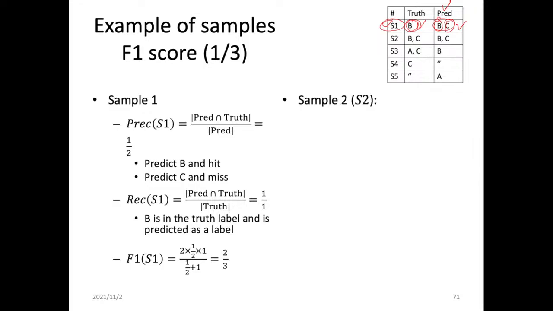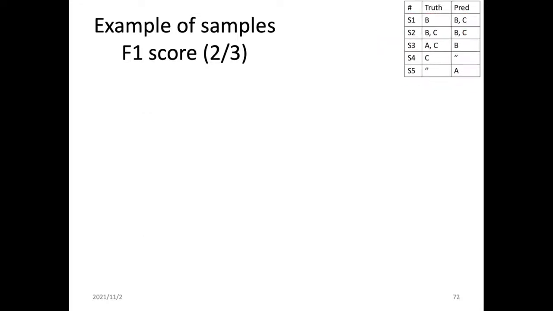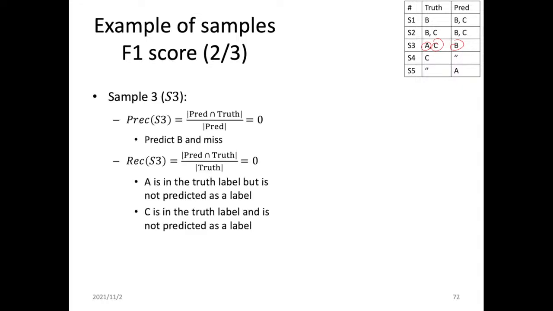Here, the truth is B and C, and we predicted B and C. So both precision and recall will be 1, and of course, the F1 score will be 1 as well. Next, the truth is A and C, but we predict B. In this case, precision and recall are both 0. And of course, the F1 score is 0 as well.